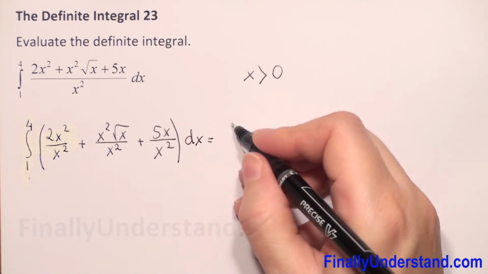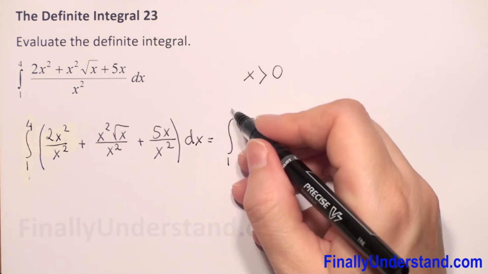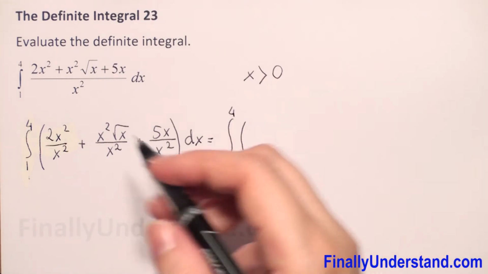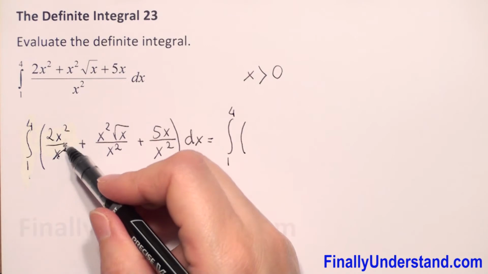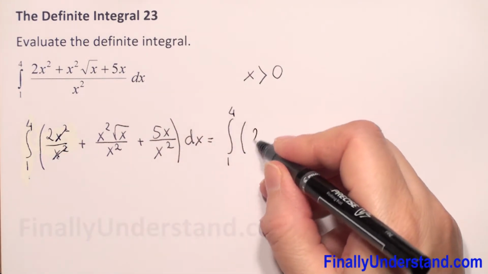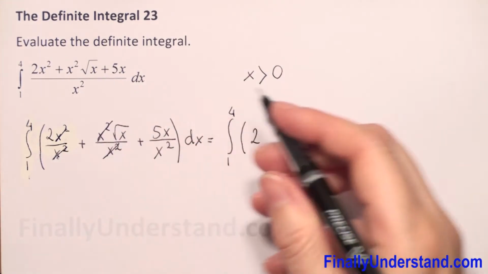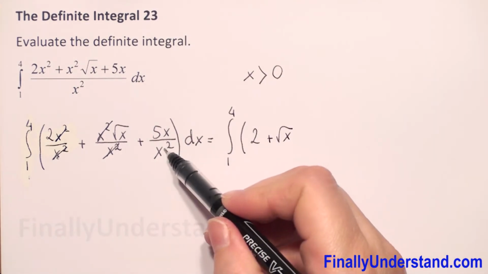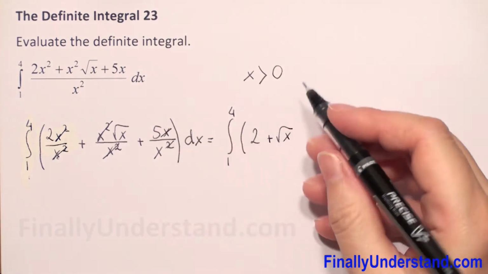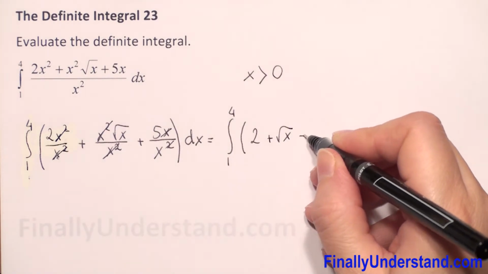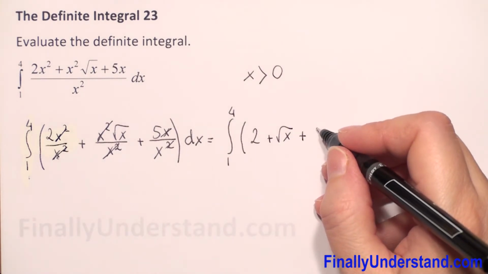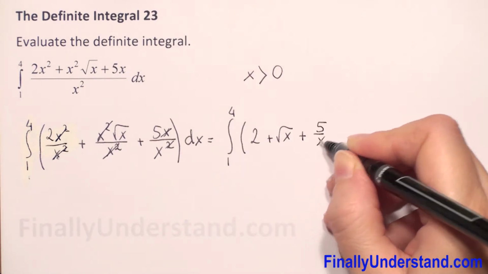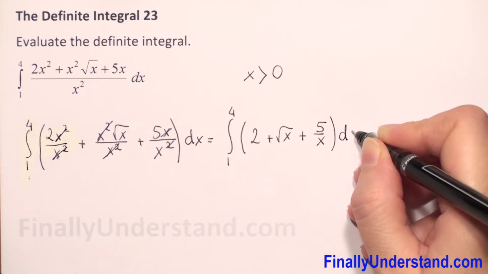This is equal to the integral from 1 to 4, and in parentheses we will have: x squared and x squared we can reduce, so it will be 2, plus square root of x, and x squared with x we can reduce, so it will be plus 5 over x, everything with respect to x.